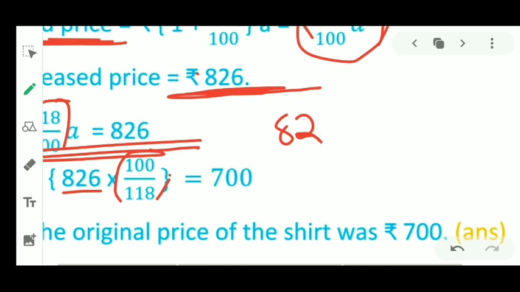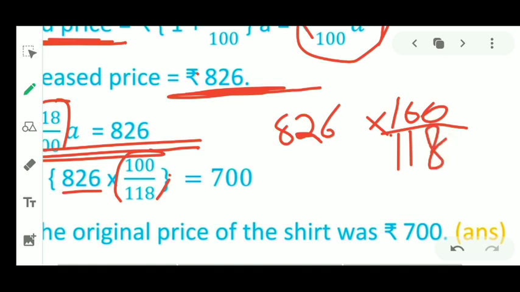So 826 into 100 by 118. Then 2 into 59 is 118.